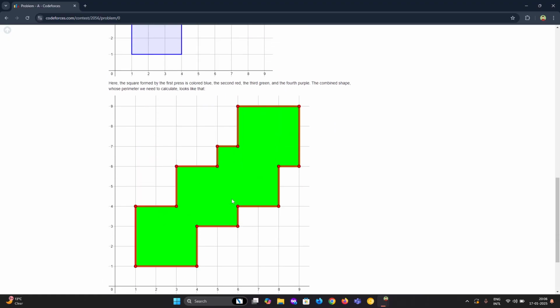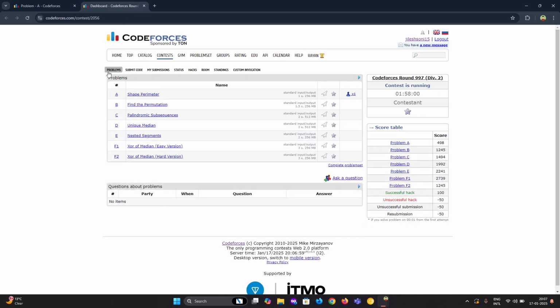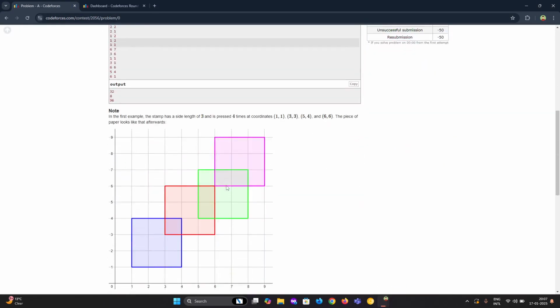So the combined shape perimeter. Okay, that's a different A I have seen in all of Codeforces rounds. That's the coolest A I've ever seen.